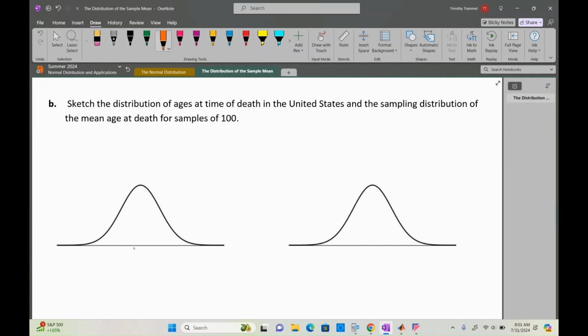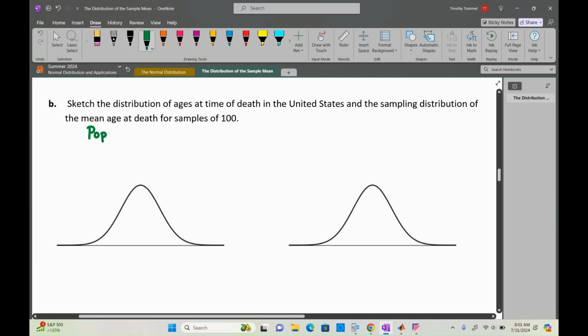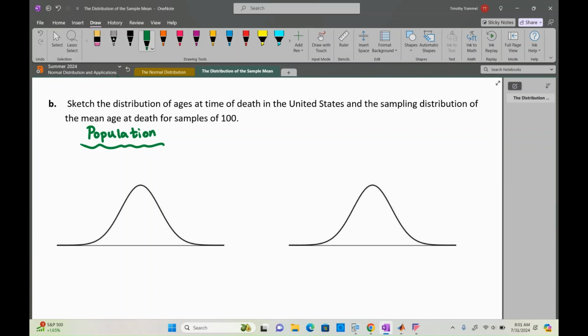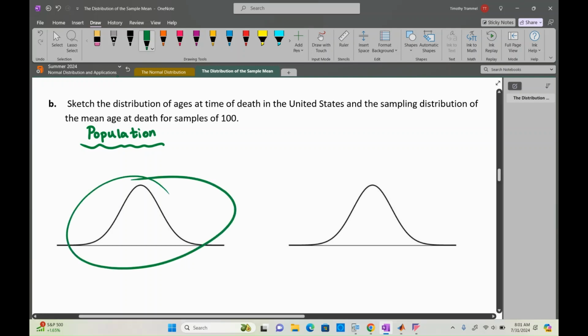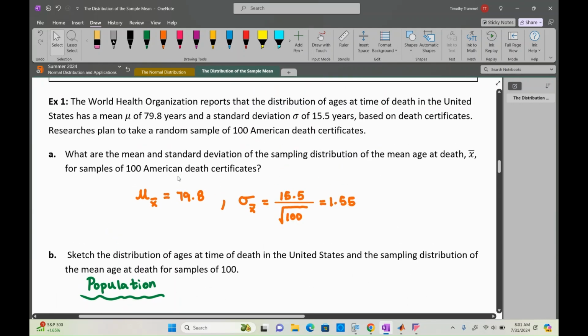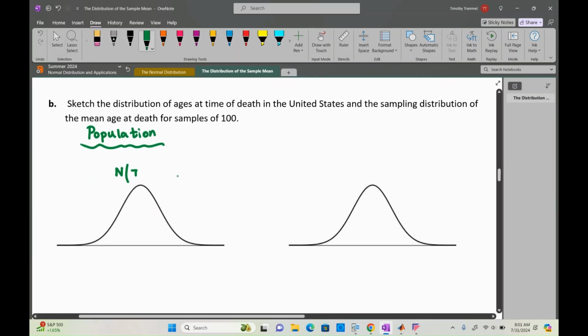So if I were to be talking about the population here, the way that I would represent this normal distribution for the population is I would make my normal curve like this, and I'd write an N here, and I'd write in what the mean is, which was 79.8, and the standard deviation was 15.5. There we go.